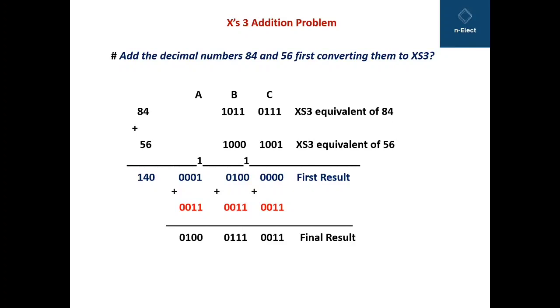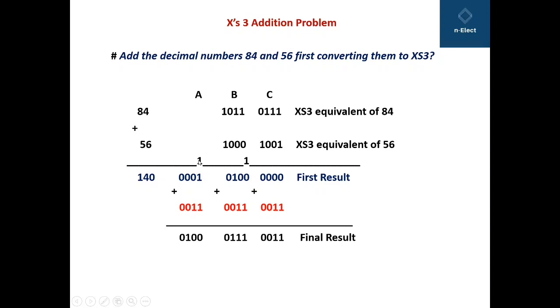So rule number 1 was when the carry is transferred from one group to another group, the group from where the carry is being transferred, instead of subtracting, you have to add 3. So accordingly we have added 3 here. Here also we have added 3 because the carry is transferred from here to here.